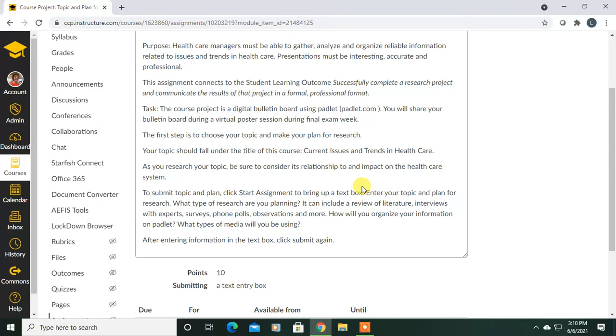So it could be how medical health homes improve management of blood sugar in patients with diabetes, or why the cost of medications is so high in the United States. So it has to be an issue in our healthcare system or a trend, okay?